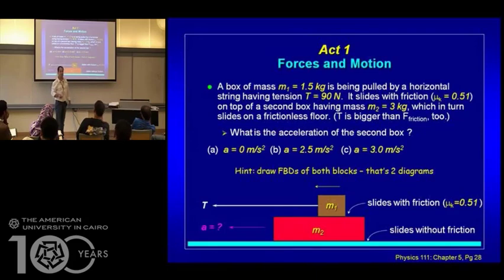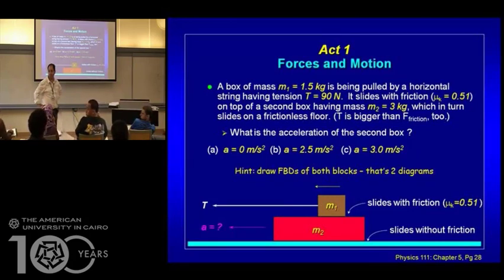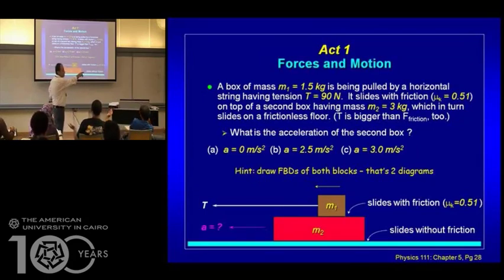Now, this is my question. Why is it not mg? Because N1 does not equal mg. Sorry, yeah, in this case it's mg, but I'd rather write it as N1 for now. We'll find out, from here it's going to be mg.